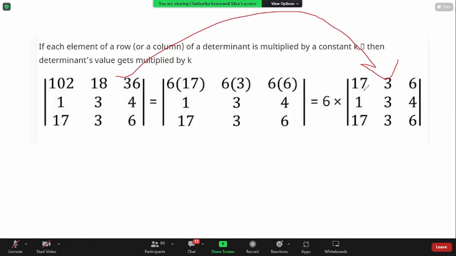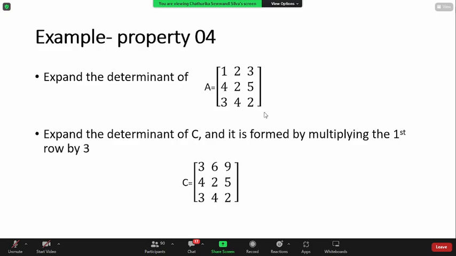If it is possible, take that factor out, find the determinant of this simple matrix, and then multiply it with the factor. So here also this can be checked by yourself. You check by yourself whether this is true or false.